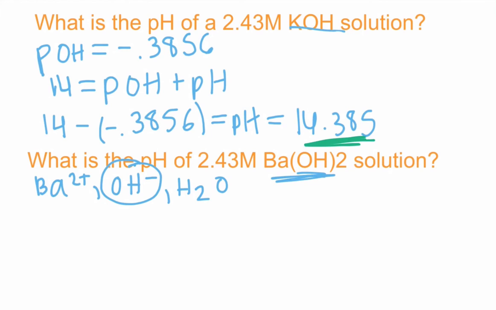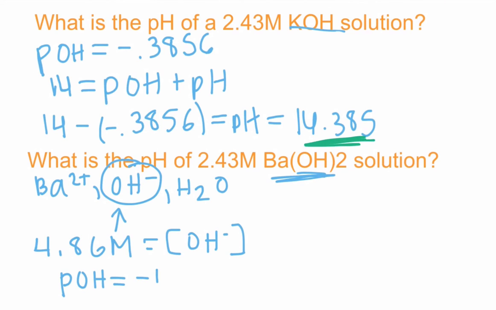We already know 2.43 molar is how much Ba(OH)2 we have, but because we have 2 moles of hydroxide ion, and we want to find that concentration, we have to double it. So 2.43 times 2 will be 4.86 molar concentration.